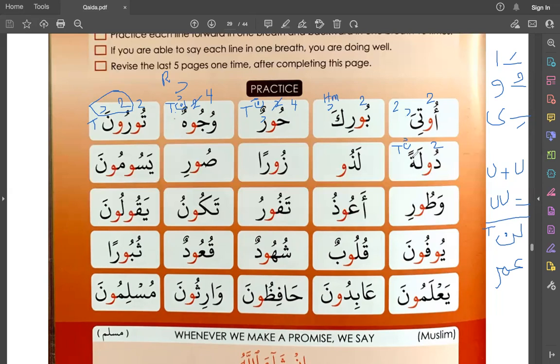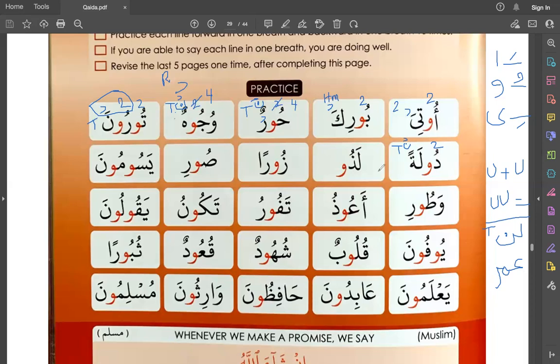You will give sukoon at the end on ha, and you remember that this circled ta is always changed into a ha when it gets waqf. So the sound will be dula, and ha will get rukhawa because whenever ha is with sukoon, it will get sifa of rukhawa, and rukhawa is flow of sound. There should be a very nice flow of sound.